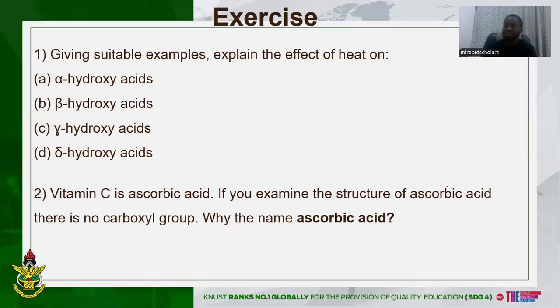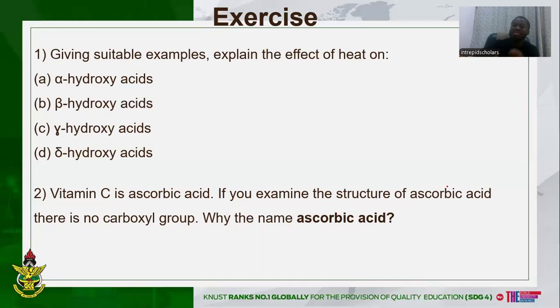act as an acid. The next point is that in solution, the lactone part will open up. When it opens up, it will expose a carboxyl group. So even though the carboxyl group is not apparent in the structure, in solution the compound will act as an acid.